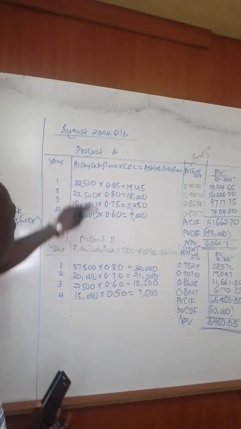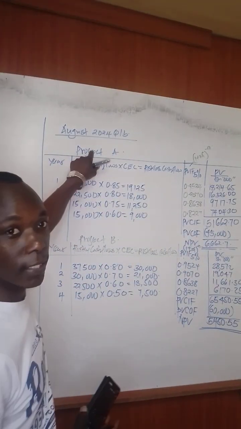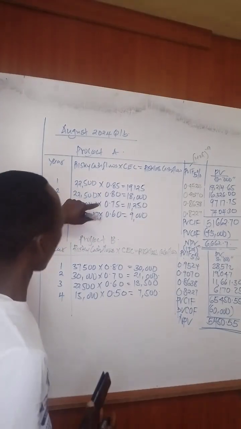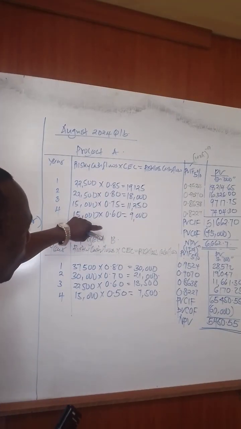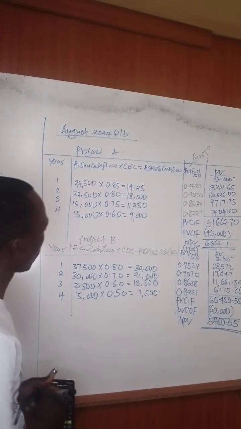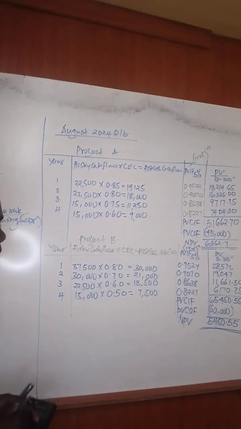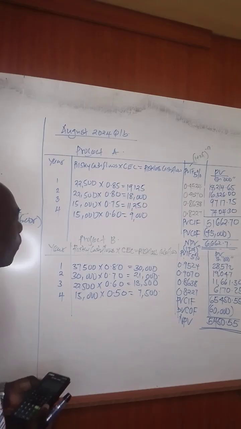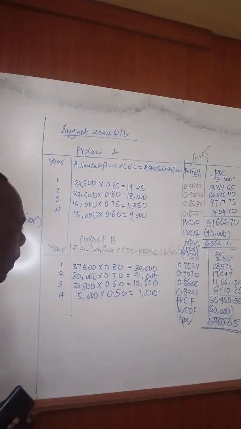We have computed the net present value for project A, and we have also computed the net present value for project B. What is remaining is for us to make a decision or to advise on which project should be undertaken.